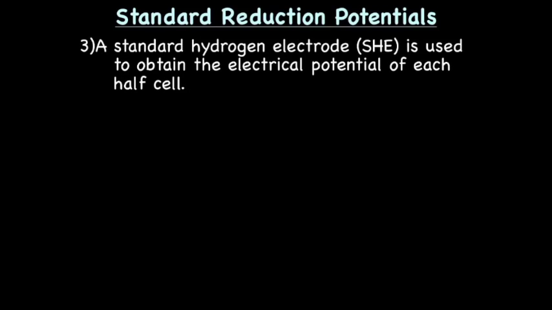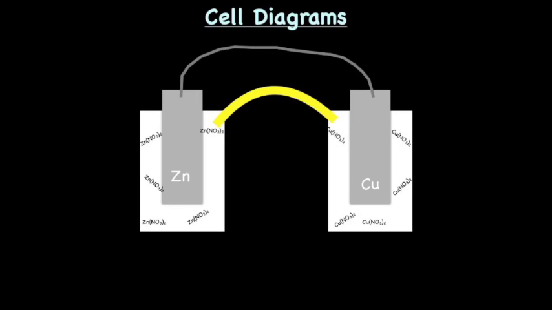So to figure out the charge or the voltage of just a half cell, we need to measure it against some sort of standard. So what we use is a standard hydrogen electrode, known as SHE, to obtain the electrical potential of each half cell. So the way this would work, if we were trying to figure out the electrical potential of the zinc half cell, it would be connected not to copper, but to platinum with HCl, or H+ and Cl-.